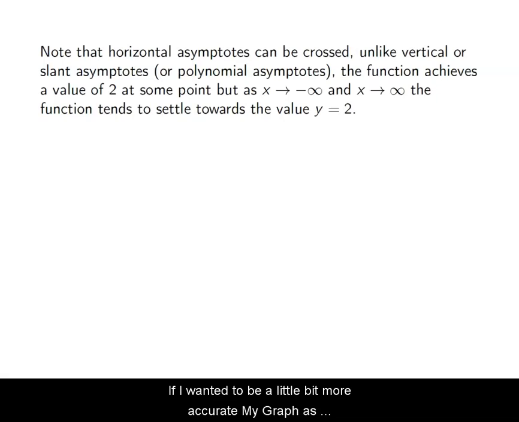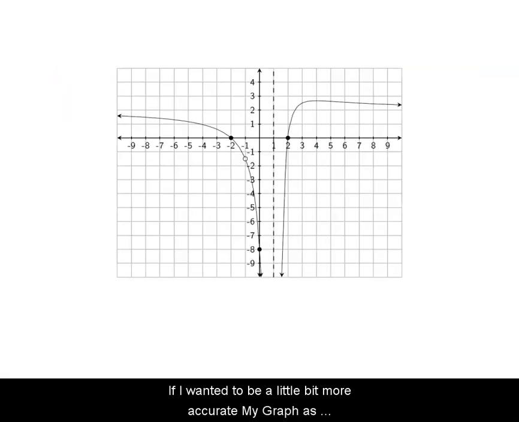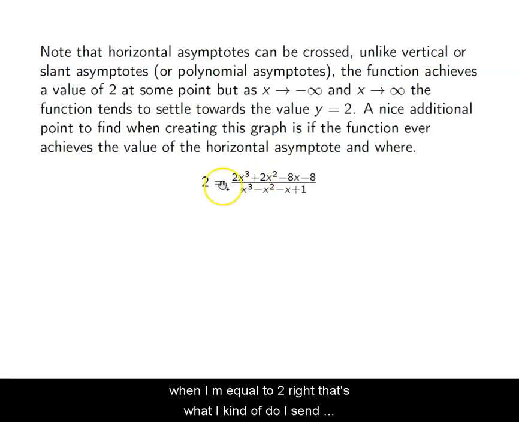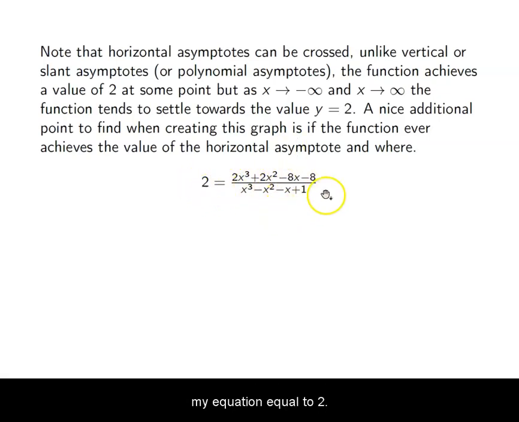If I wanted to be a little bit more accurate in my graph, as far as doing this by hand, maybe I would set my function equal to 2 just to find out if there's ever a point when I'm equal to 2, right? So that's what I kind of do here. I set my equation equal to 2.